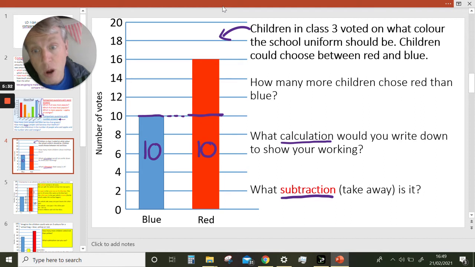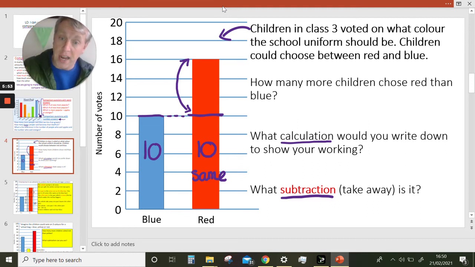Means if the blue part is 10, the red part is the same size, it's 10. And this part here is the part that is more. These are the children who were more, and the whole bar is 16.